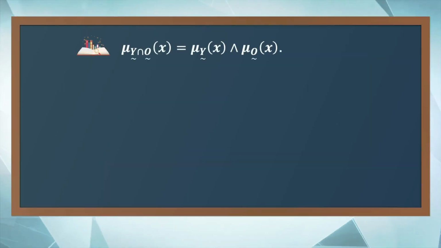Next, intersection. By the definition of intersection of fuzzy sets, the degree of membership of element X in the intersection is the minimum of mu sub Y of X and mu sub O of X. Again, before we write down the formula of the membership function of the intersection, let's take a look at the graph of the membership function of the intersection.